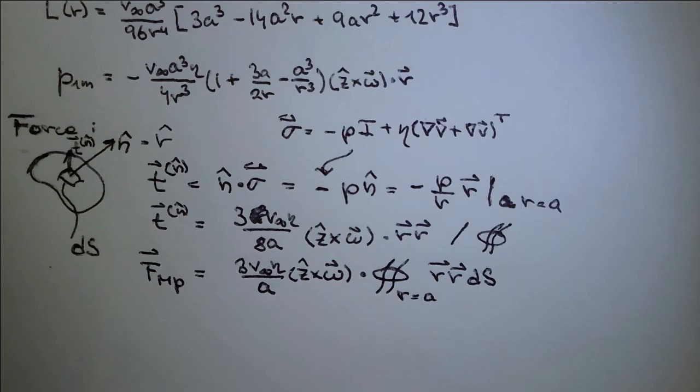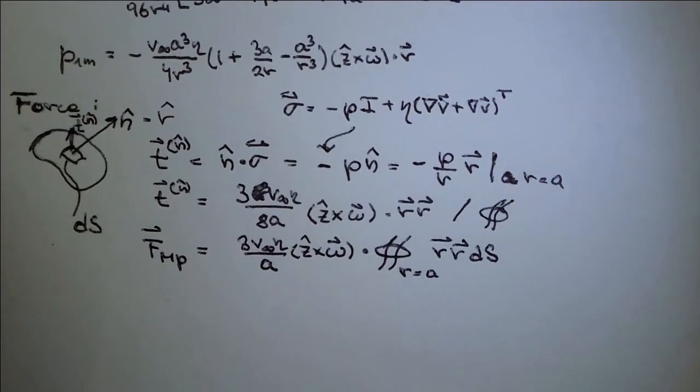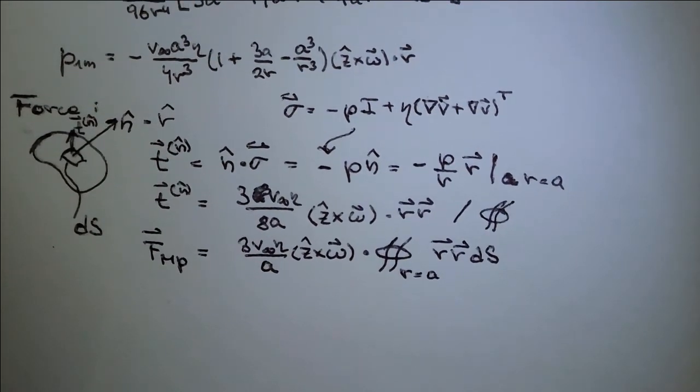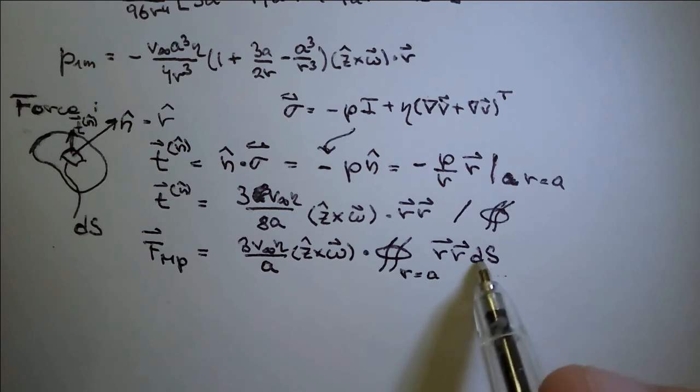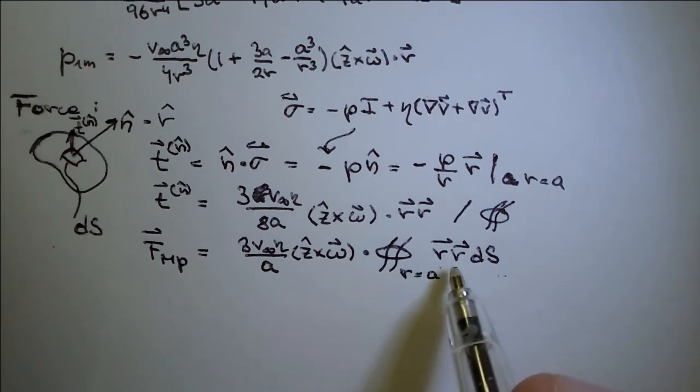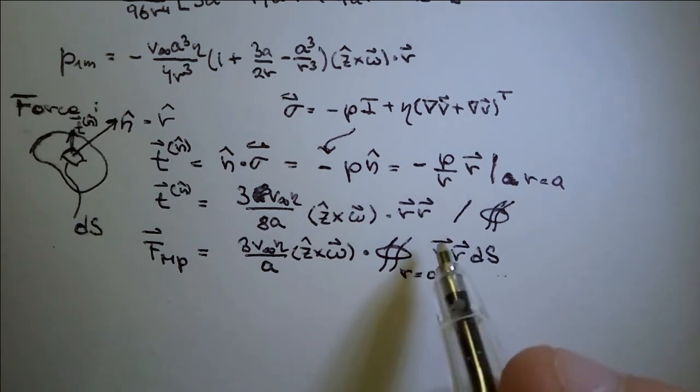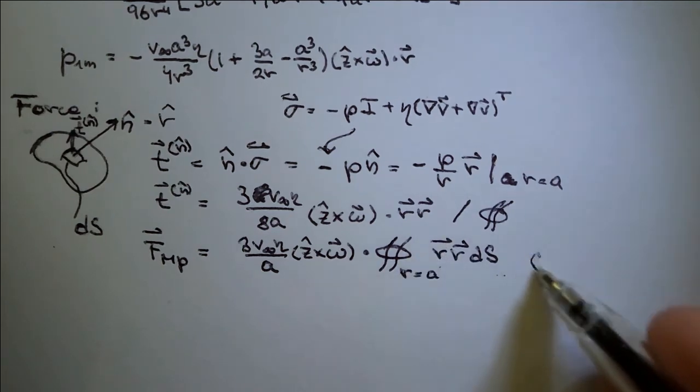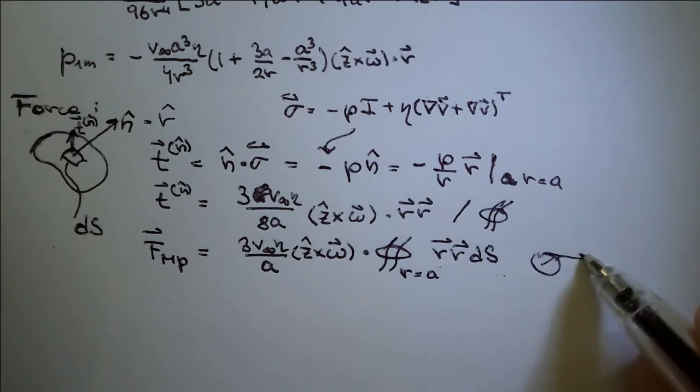So I will use the technique called coefficient equating. We are integrating r as a vector pointing out of the sphere, dotted with another vector in the same direction.